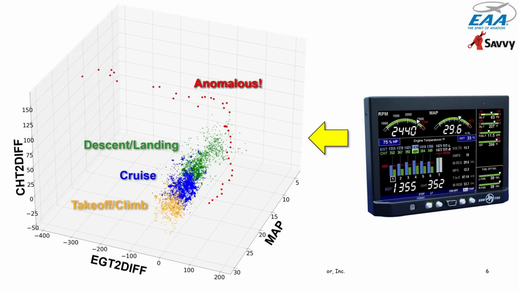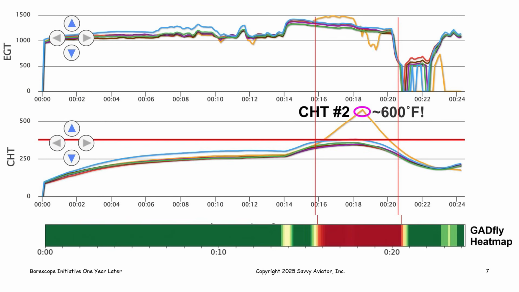So the way this thing is implemented is when our analysts look at the flight that's been identified as anomalous by this AI model, in addition to seeing all of the sensor readings in graphical form the way we normally do, they also get to see what we call a GADfly heat map, which is that bar across the bottom of the slide.